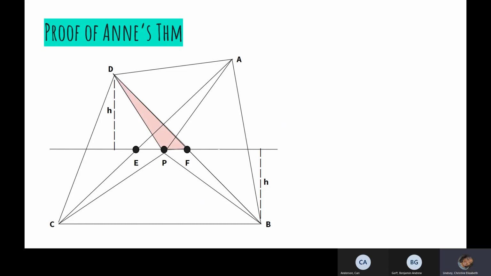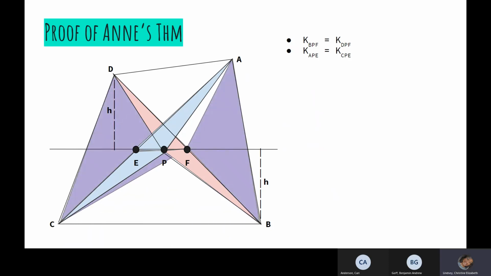So what we're going to see now is that the area of BPF is going to be equal to DPF, as well as the area of APF is going to equal CPF. Again, this was due to earlier when Ben discussed the heights being equal. We can prove that these triangle areas will be equal as well.